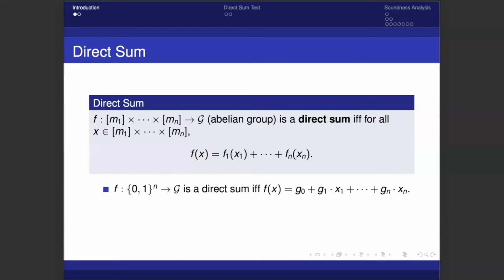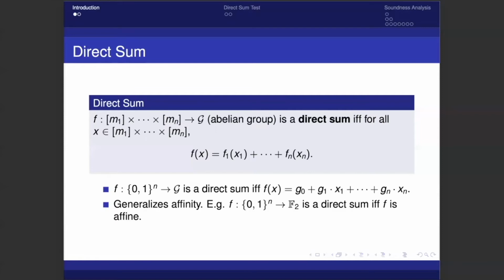In this setting, f is a direct sum if and only if f of x can be written as g0 plus g1 x1 all the way till gn xn, where g0, g1, etc. are elements of the abelian group, and g dot x is just the group element g if x is 1, and is the identity element 0 if x is 0.